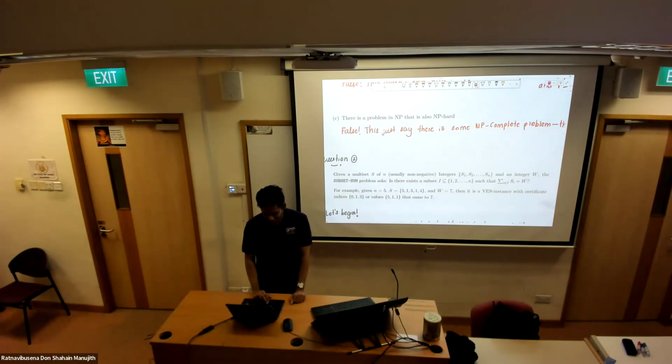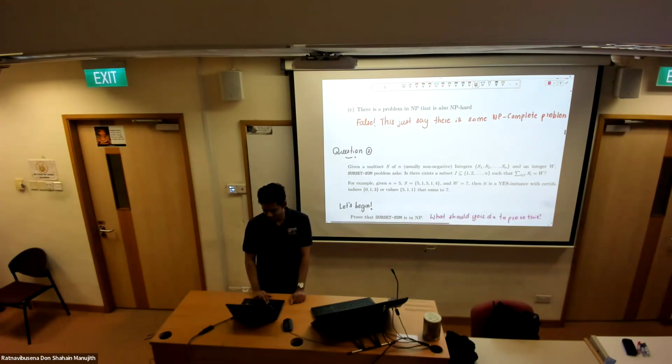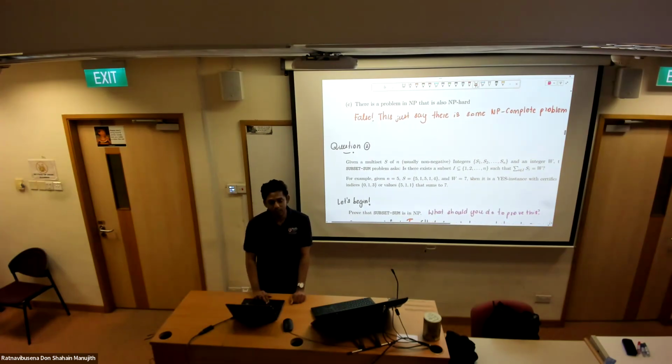We need to show that it is in NP and also NP-hard. To prove that it is in NP is very easy. You must just prove that any certificate can be verified in polynomial time with respect to the length of the input encoding. So that's NP.